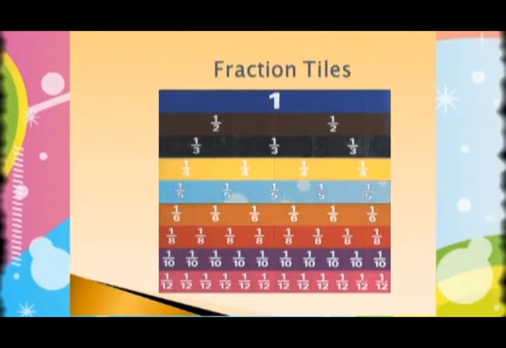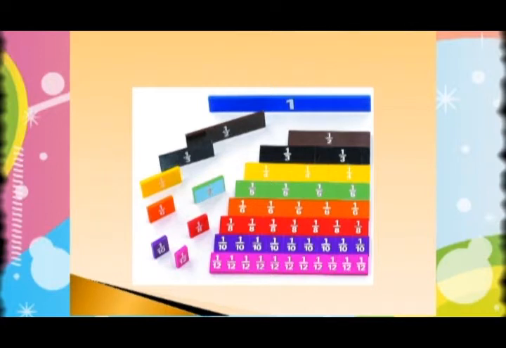If you look closely, you'll notice that the denominator for each tile as you go down gets larger. If you notice here, the tiles can be separated. At the top, there is 1 whole. Look closely at the denominator for each of the tiles. What do you notice about the size of the tile as the denominator gets larger?